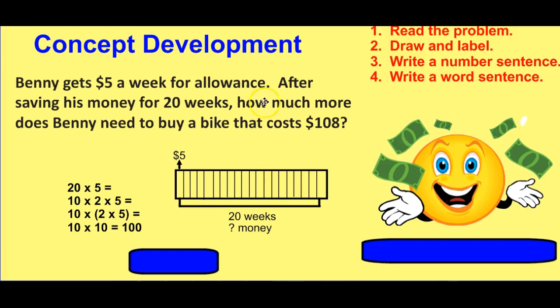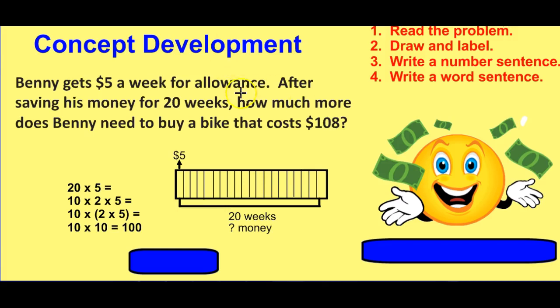The question says, how much more does Benny need to buy a bike that costs $108? So he wants a bike that costs $108, and all he has is $100. So what equation can we write down and solve to figure out how much more money Benny needs?